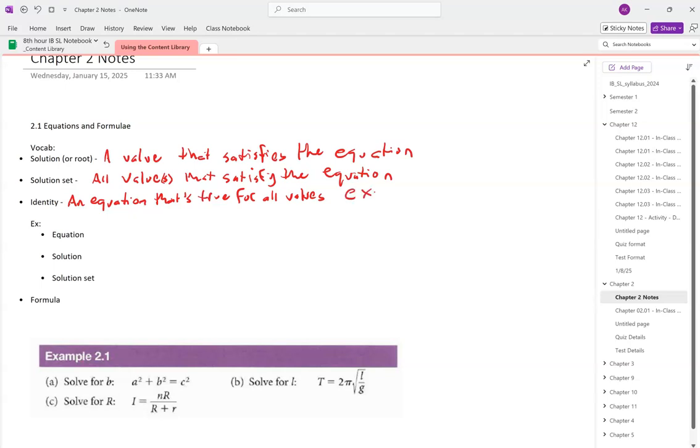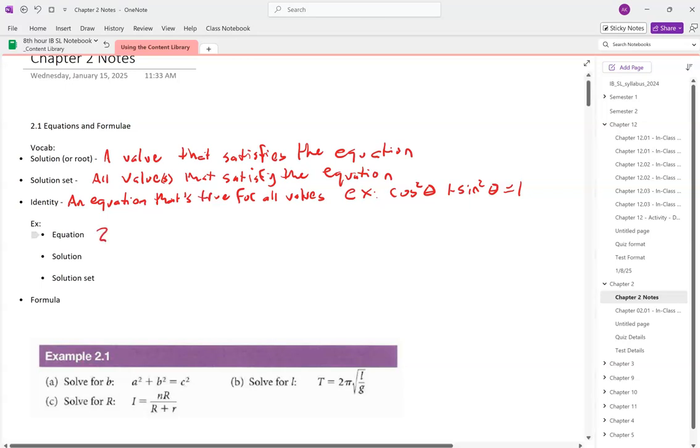For example, since trig was mentioned, cosine squared plus sine squared equals 1 is considered an identity, because regardless of what value you pick for theta, that is always true for all values of theta, right?